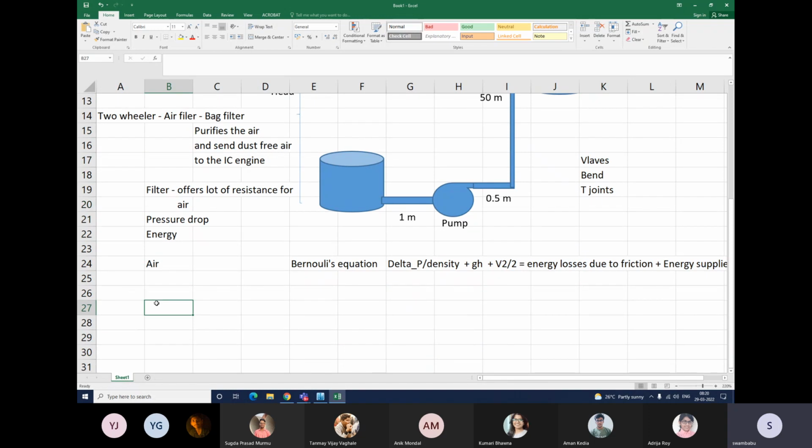Now, we have multiple formulas for laminar flow. Anyone remember what pressure drop equation we use for laminar flow? To estimate the pressure drop for laminar flow conditions, does anyone remember the expression we use?